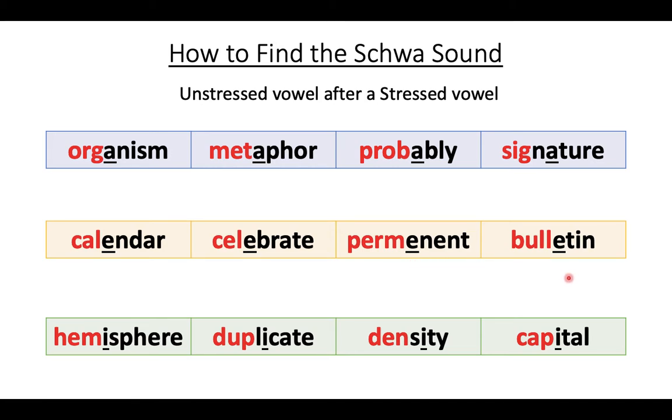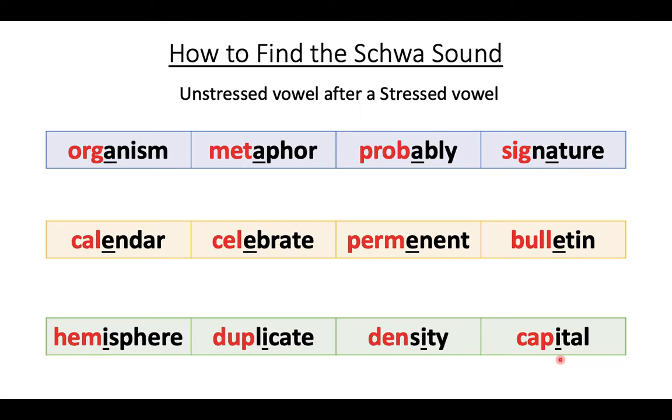Permanent. Bulletin. And this last line uses the letter I. Hemisphere. Duplicate. Density. Capital.